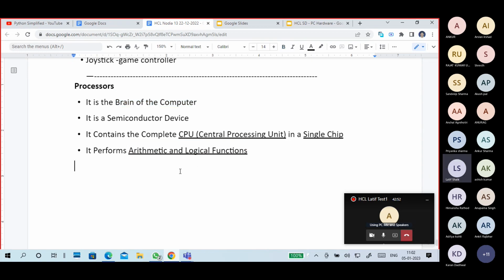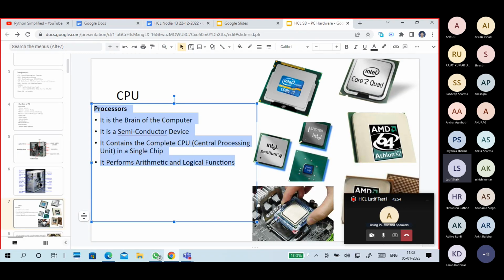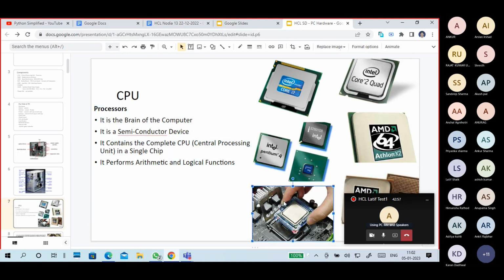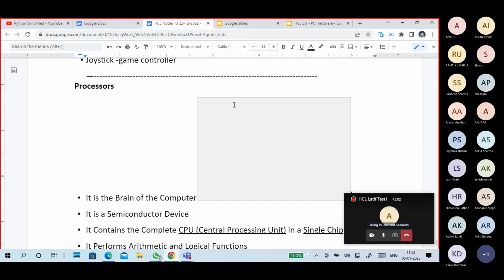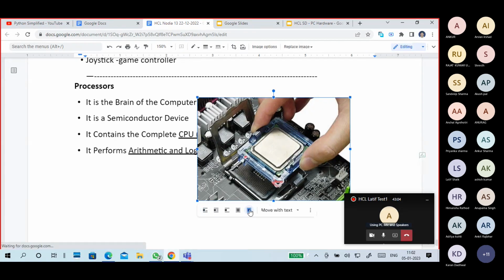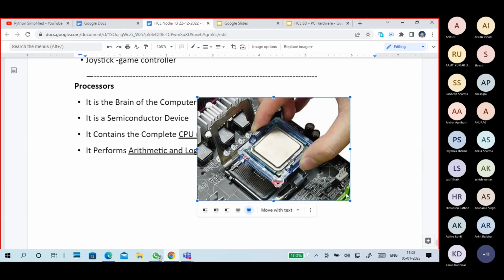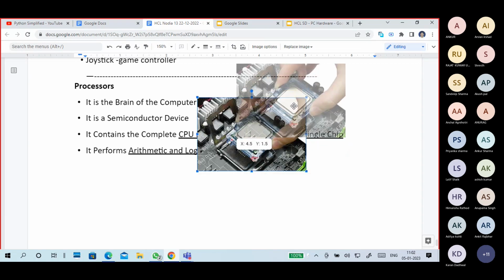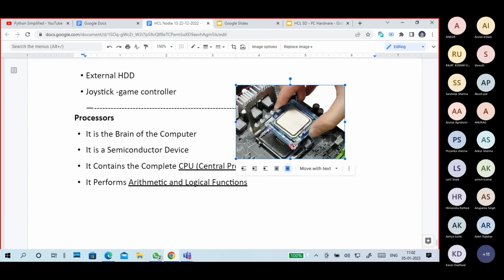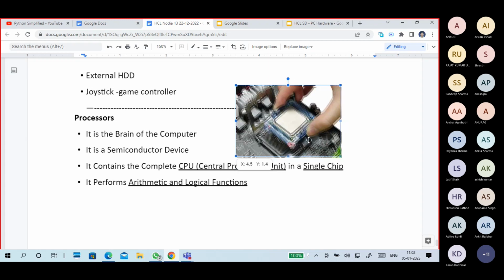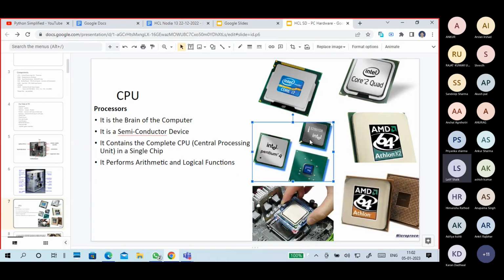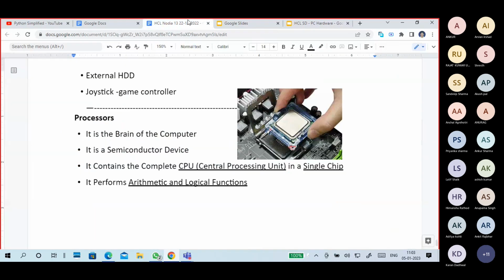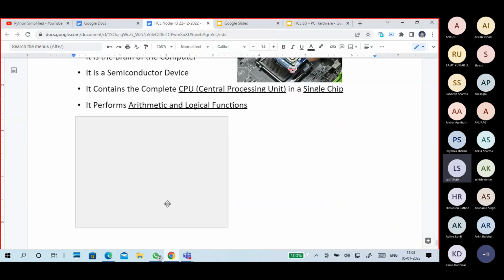Okay. Next, how does a processor look? So these are old processors.